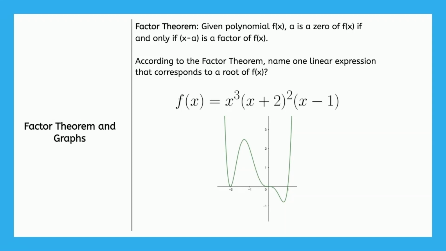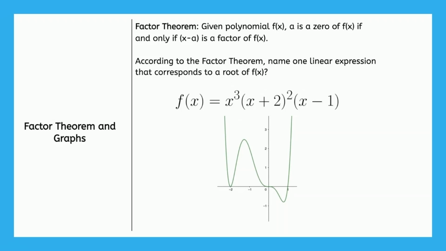And just like in the previous example, we discussed a lot more theory in the original factor theorem and graphs video, but today we'll talk about just the shortcut, and that is the answer to this question is going to be a factor of the original function.